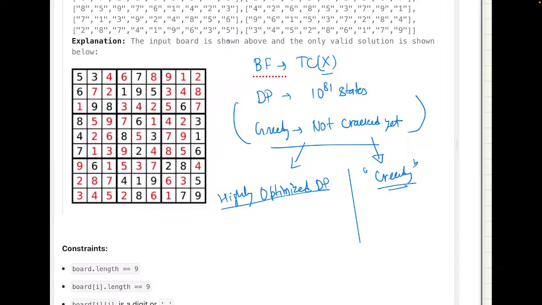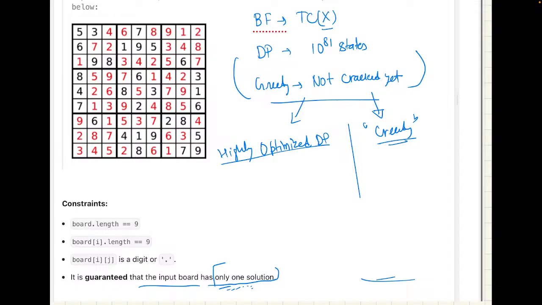Now there is one more thing here, which is basically the constraints of the problem. Sometimes they also hint us to use something, right? So if I see board length is 9 and 9, I can actually come to an approach where we have n to the power, probably n to the power 6.